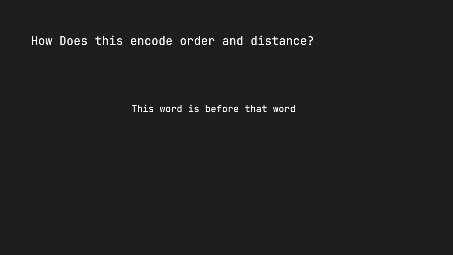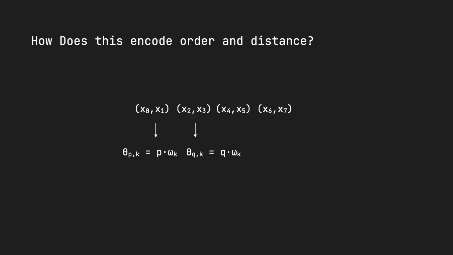So imagine you have this pair of vectors, and we have angles for both of them based on their position and the frequency that we're using to rotate. And when we do a rotation, whether it's 20 degrees or 80 degrees, we're applying that SO2 group to each of these vectors.